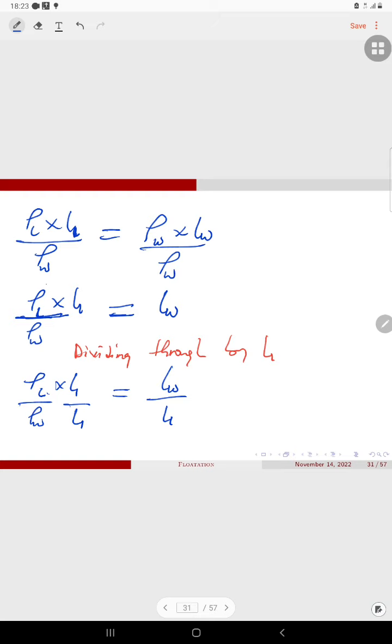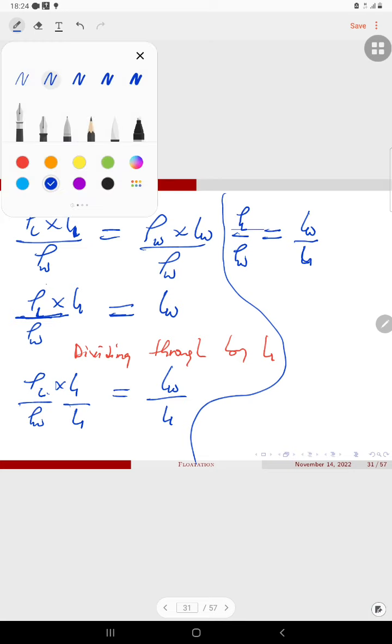So finally, I'll get rho L over rho W is equal to LW over LL.